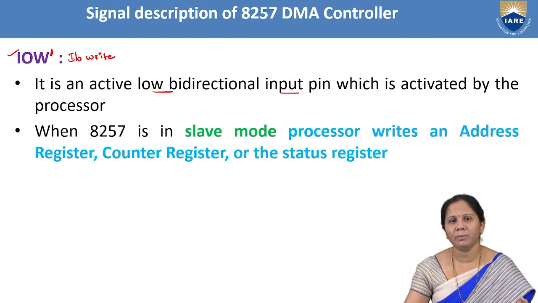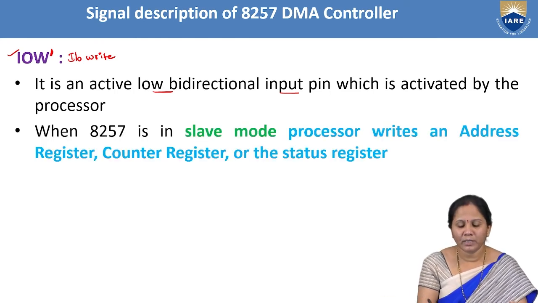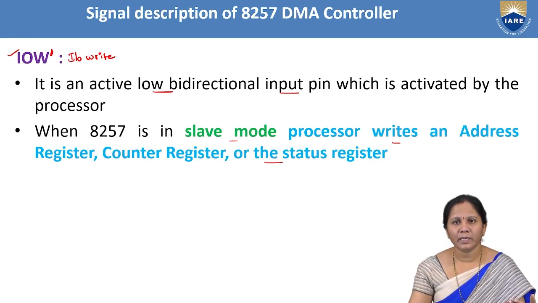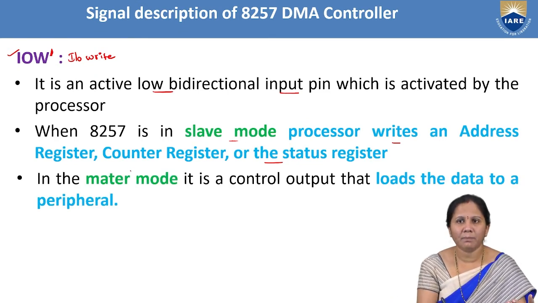When this IOW bar signal is enabled and 8257 is operating in the slave mode, the processor writes the information to 8257's address register, counter register or status register. Similarly, when this 8257 is operating in the master mode, the processor loads the data to the peripheral devices. So IO write bar also has two functions, one in the master mode and another in the slave mode.